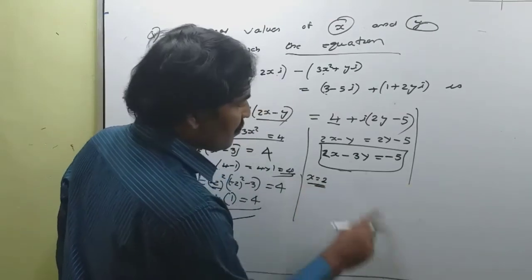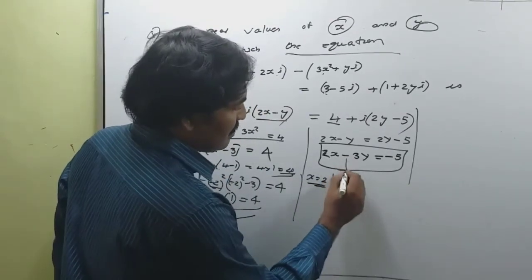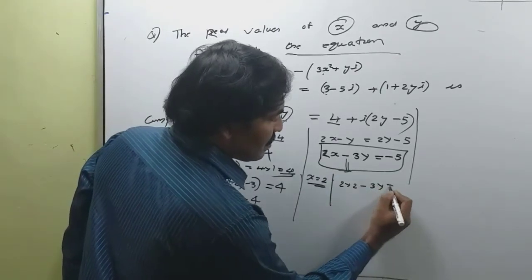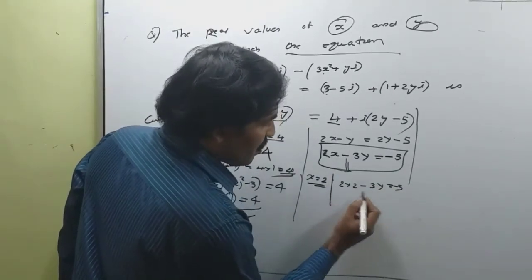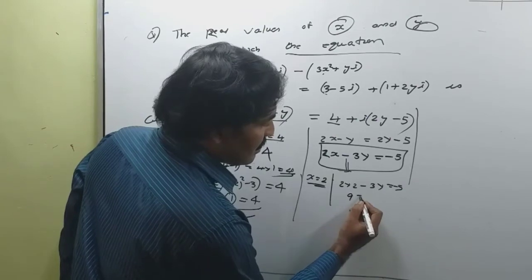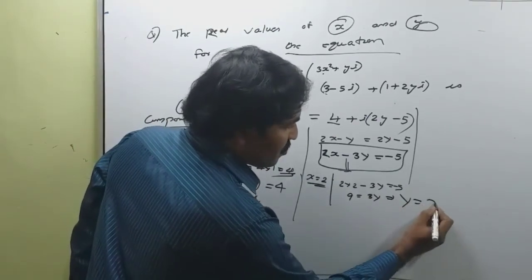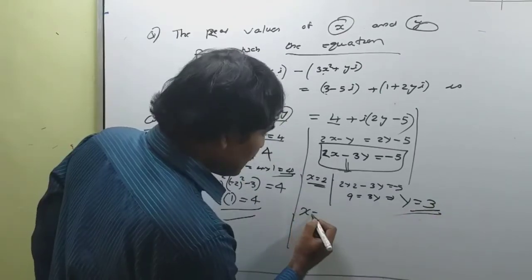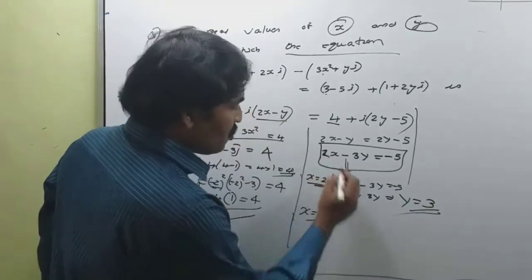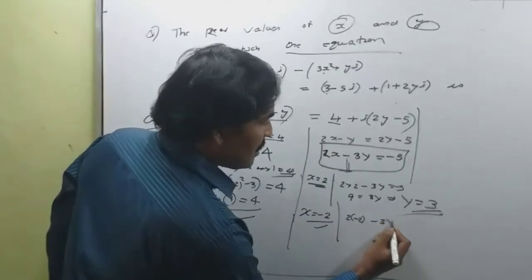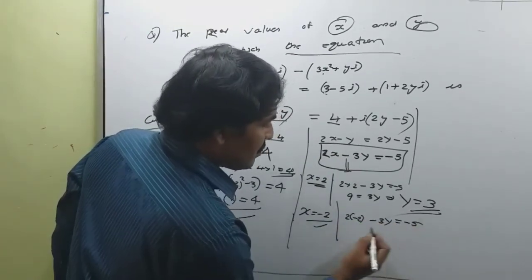Then this implies 2 into 2 minus 3y is equal to minus y. Or 9 is equal to 3y, or implies y is equal to 3. So for minus 2, 2 into minus 2 minus 3y, that is equal to minus 5.